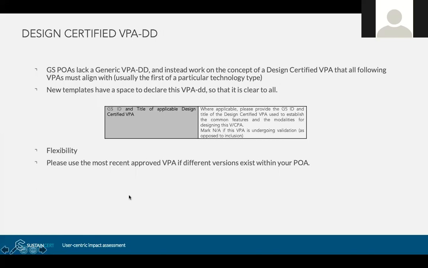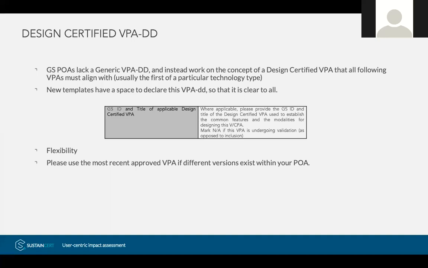And the final detailed example I'm just going to talk about very quickly is the design certified VPA-DD. I'm sure those of you who operate POAs know that in contrast to CDM, gold standard POAs do not have a generic VPA or CPA-DD that's appended to the POA-DD.